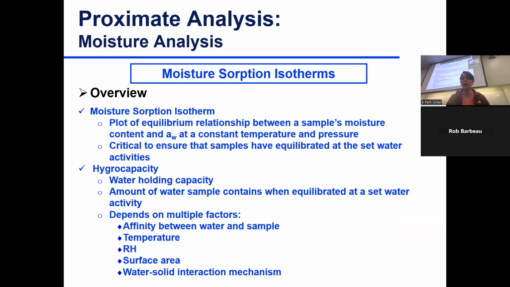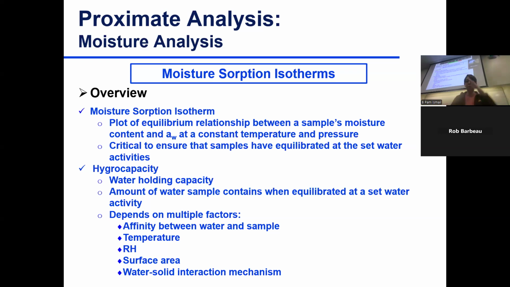So very quickly about moisture sorption isotherm. It is the relationship plot between moisture content on dry basis, which is the ratio of moisture to dry matter, in relation to water activity. So it gives us an indication at equilibrium.